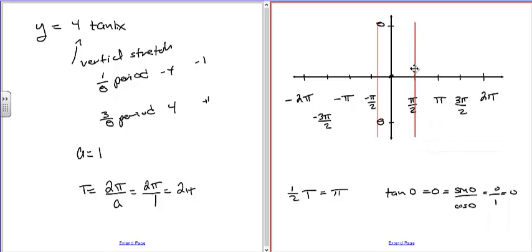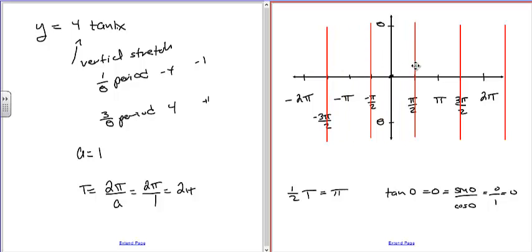So you can see we have the 0 between the 2 vertical asymptotes. The distance between the vertical asymptotes is half the period, which is pi. Now we can just continue to draw vertical asymptotes every pi units. So there are my vertical asymptotes, and then you can draw the x-intercepts right in the middle.